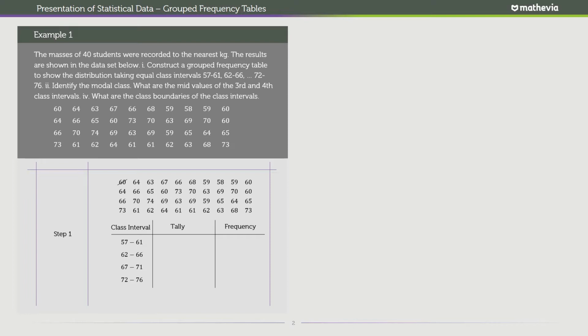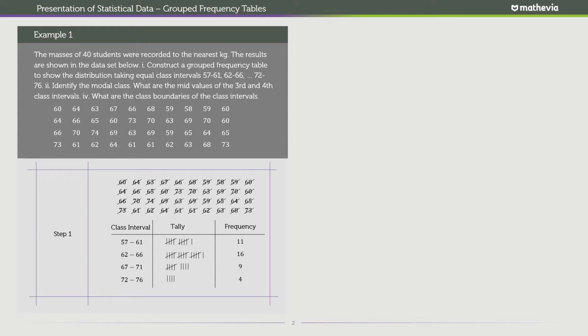So we'll cross out 60. 60 is between 57 and 61, so put a dash there. 64 is between 62 and 66, so put that there, and then we keep doing that up until 73, and we'll end up with that. Then we just work out the frequencies. We have the first one 11, the second 16, then 9, and finally 4.